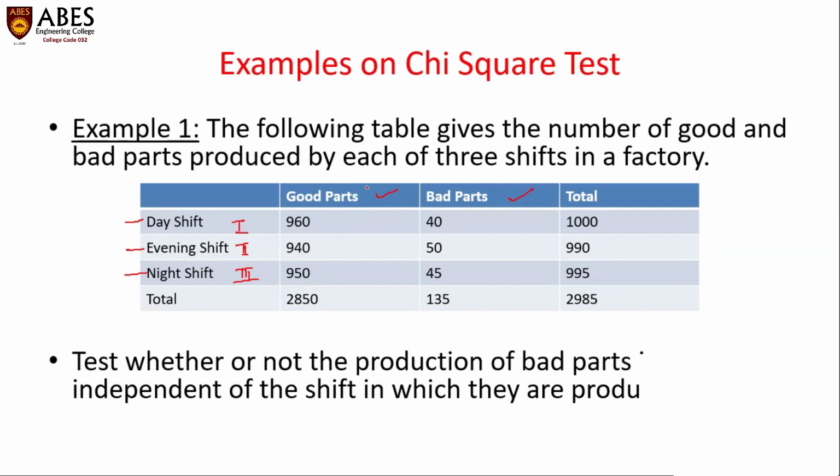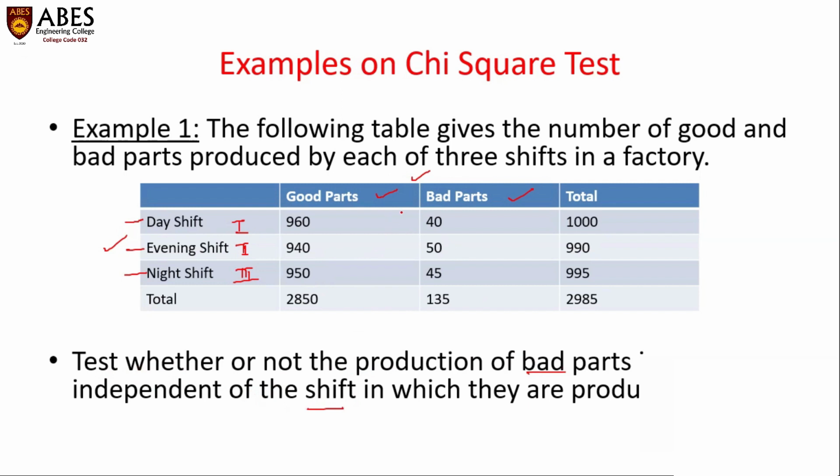So every part has 2 properties. Either it is about the quality or it is about the shift in which it has been manufactured. And we have to find whether the production of good or bad parts, or in particular bad parts, is independent of the shift in which they have been produced or not.